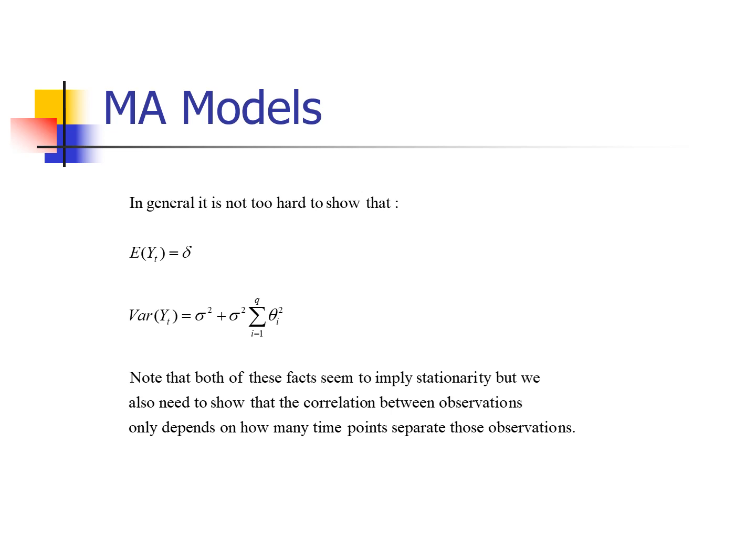So let's look a little deeper at a moving average model. It's actually not too hard to show. If you go to the equation from last week, it's a little bit of 505, little 506, little 512, to show that the expected value is just delta, and that the variance is just sigma squared plus sigma squared times the sum of the theta i squared.